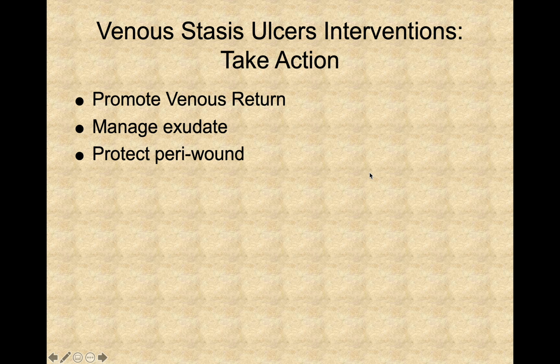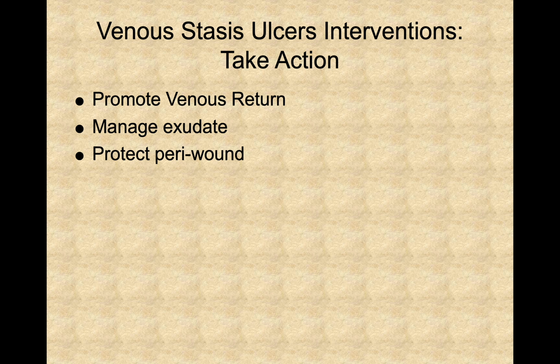So part of our treatment, like I mentioned, is managing that exudate, protecting that peri-wound so it doesn't become broken down even more, and promoting venous return. So these are the patients where maybe we need to elevate their extremities to help with that management of that blood flow that's not able to get back up to the central circulation independently. Maybe they require some kind of compression dressing.